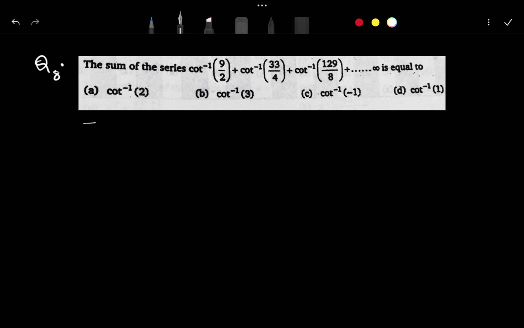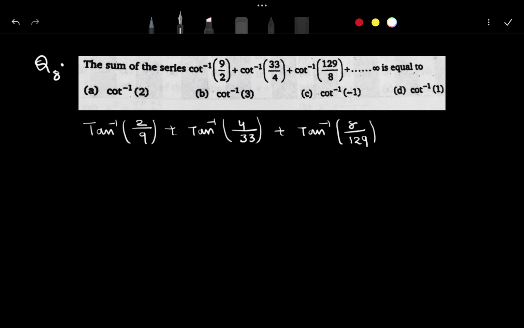So this value you can write as tan inverse of 2 by 9, plus the next one, tan inverse of 4 by 33, plus tan inverse of 8 by 129, plus and so on to infinity.